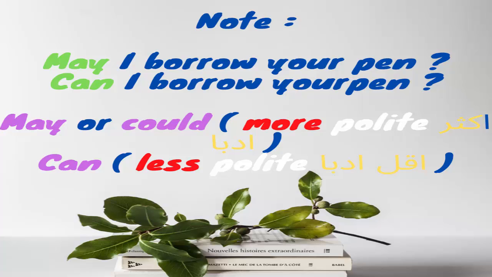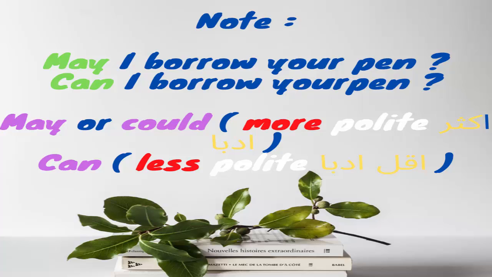We can also give another synonym sentence or another possible answer or question. Can I borrow your pen is correct. So may and can express permission. Okay? In the previous lessons, we did say that can is also used to express ability. Yes, true.